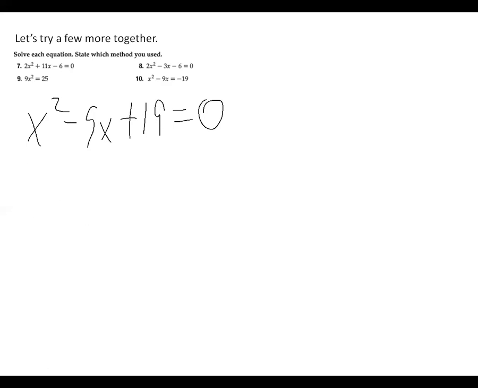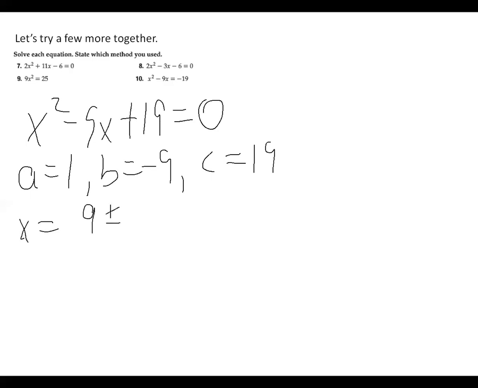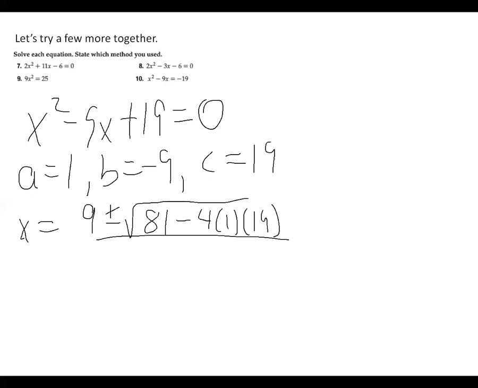Okay? So you have to use the quadratic formula. a equals 1, b equals negative 9, and c equals 19. So x equals the opposite of b, which would be negative negative 9, which is 9, plus or minus the square root of b squared, which would give you negative 9 squared is 81, minus 4 times 1 times 19, all over 2 times 1.